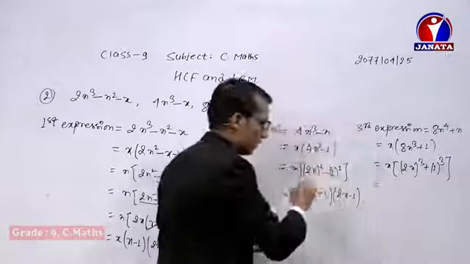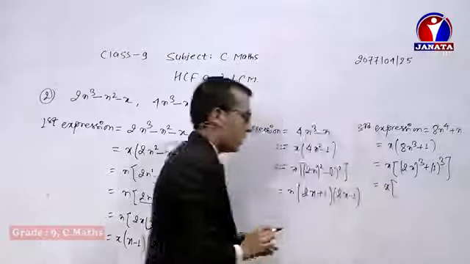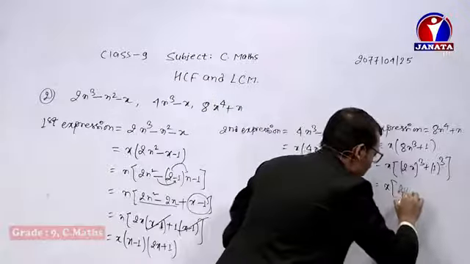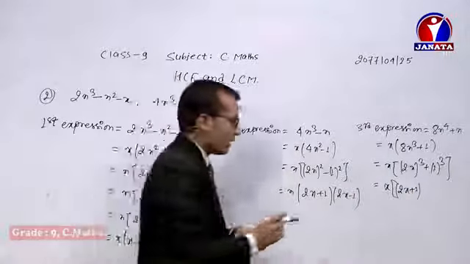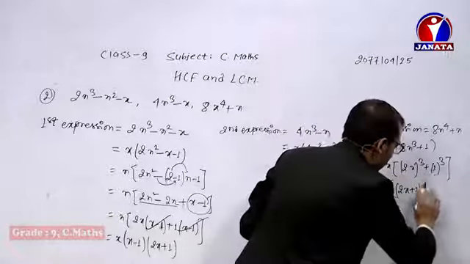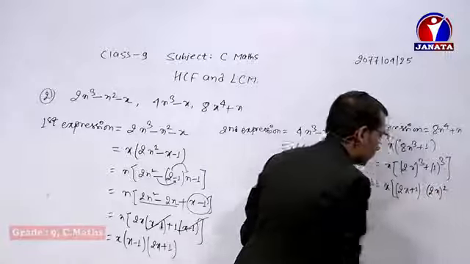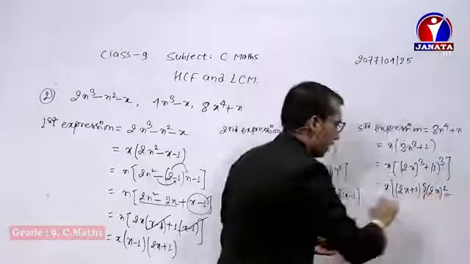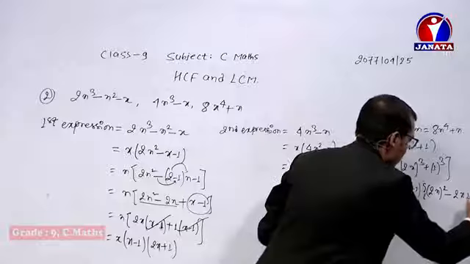Let me do the next step. x times, the first factor is a plus b, so 2x plus 1, and the second factor is a square minus ab plus b square, which is 2x whole square minus 2x times 1 plus 1 square.